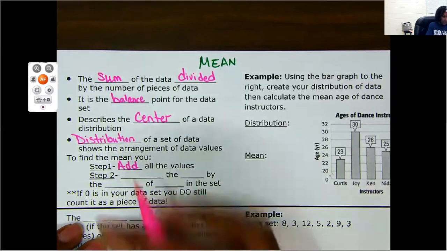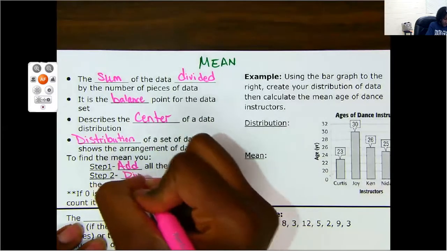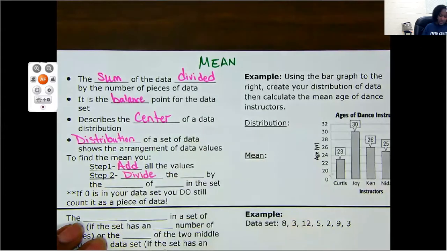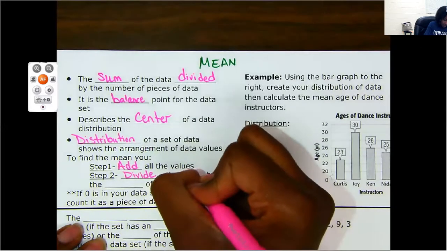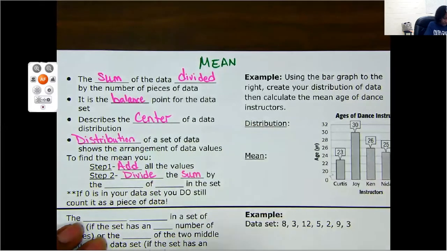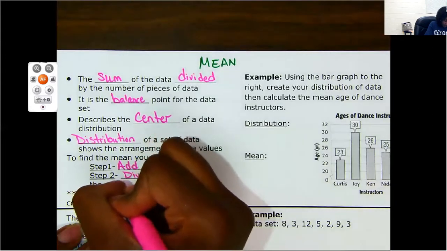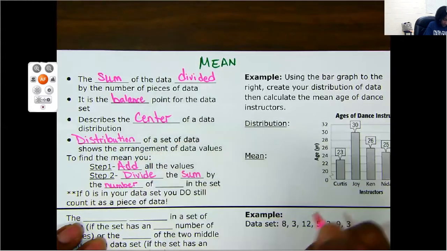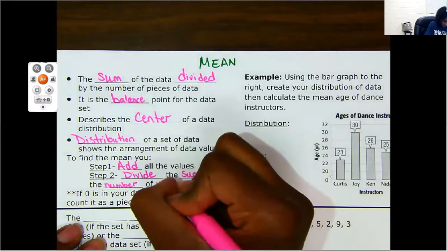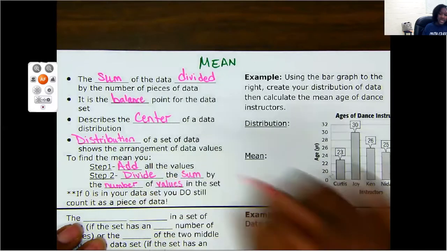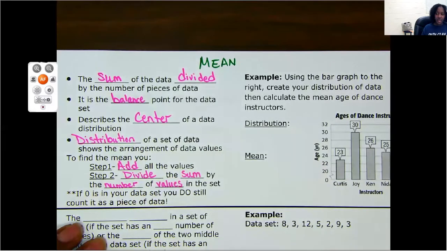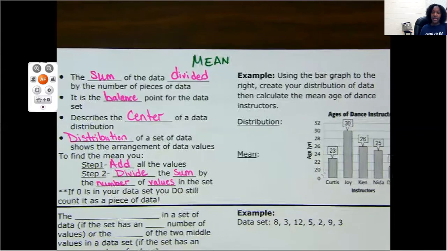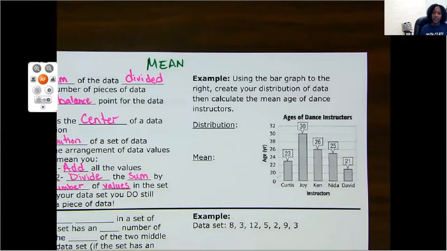Then, step 2, you're going to divide the sum by the number of values in the set. If 0 is in your data set, you do still count it as a piece of your data.